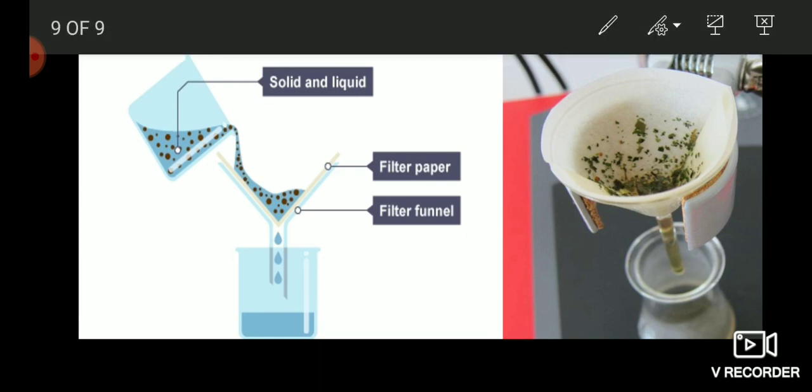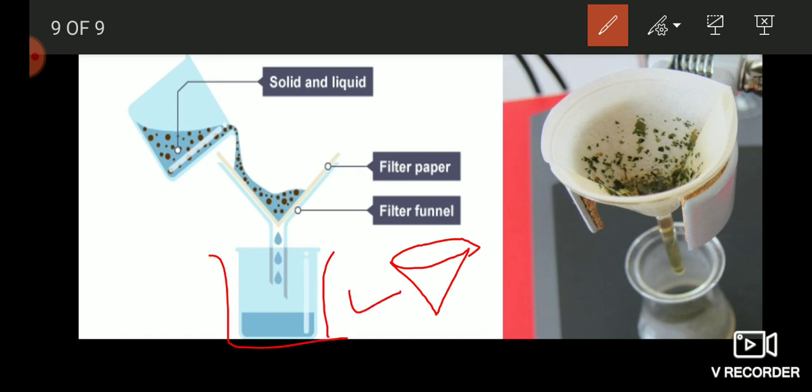Here filter paper is taken and folded into a cone shape, and that is placed inside the funnel. Now when muddy water or impure liquid is poured into that filter paper, it does not allow the larger particles through, and in the beaker kept under the funnel we get the clear liquid.